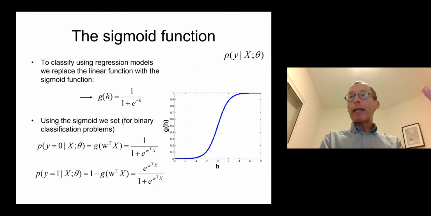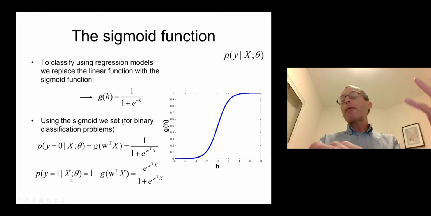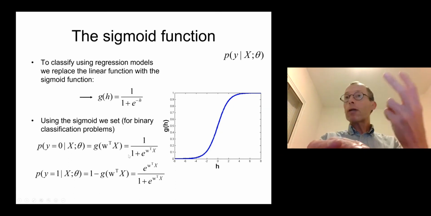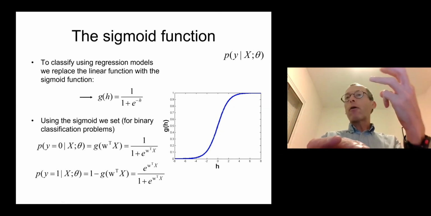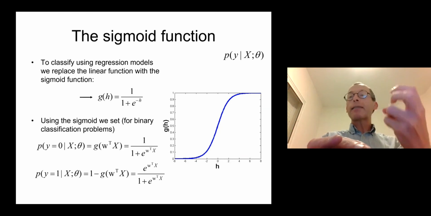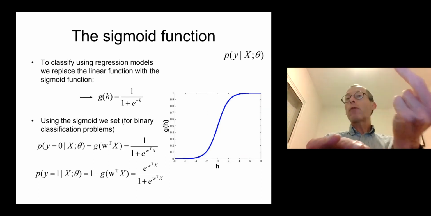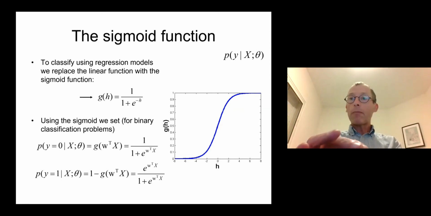For example, in the binary case, we have 2 classes. We have W's, which we can associate with class 0, and we don't have parameters for class 1, because 1 minus that is the probability of class 1. But when we have 3 classes, we are going to have another set of W's for class 0, another set for class 1, and for class 2 we are not, because we are doing 1 minus the probability of the other.